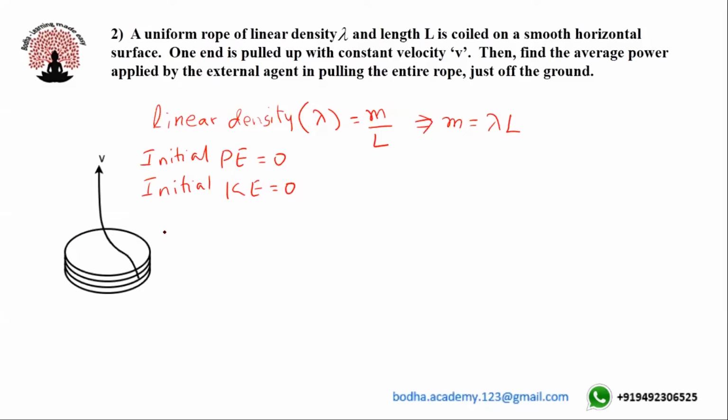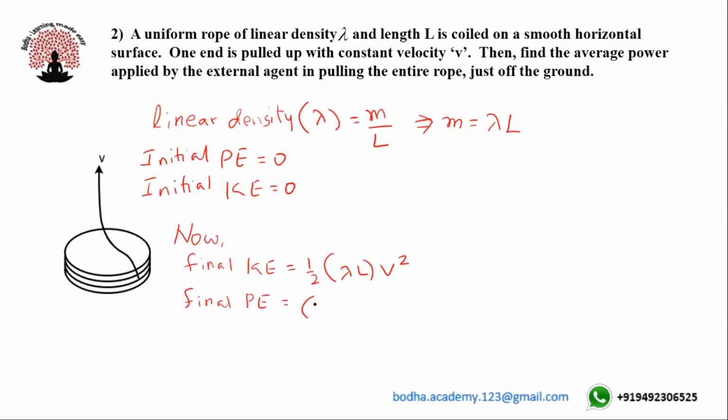Okay. Now, final kinetic energy is equal to half mv square. So in place of mass, we have lambda L into v square. Similarly, final potential energy is equal to mgh.